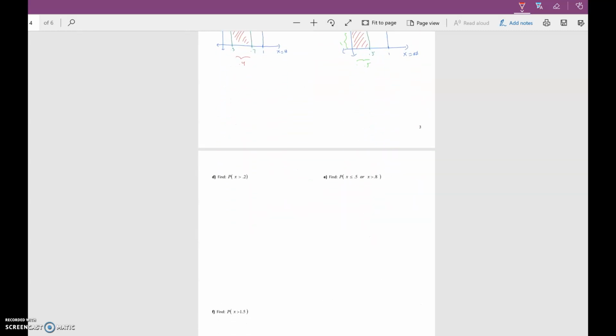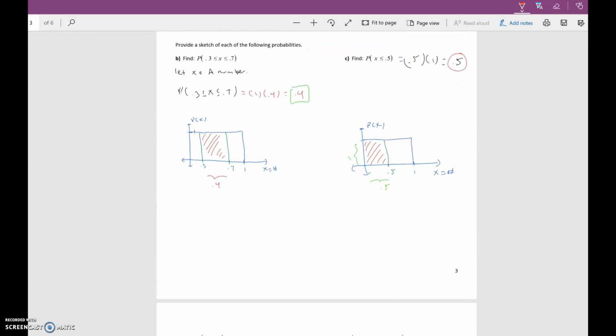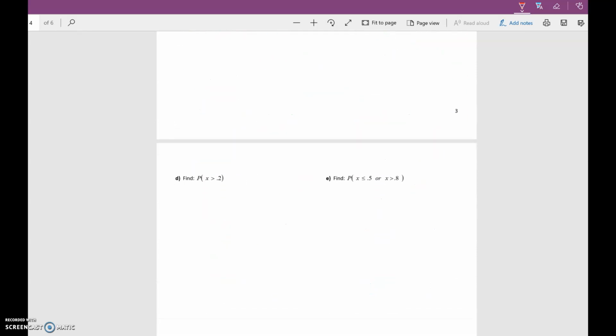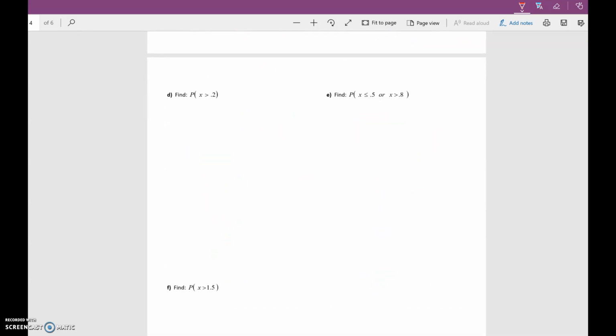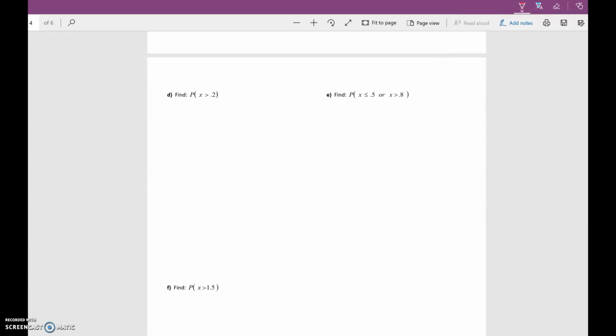Let's take a look at part D. In part D, they're saying that this particular one happens to be greater than 0.2. So let me just draw the sketch here. And this is technically 1. You're still talking about numbers.